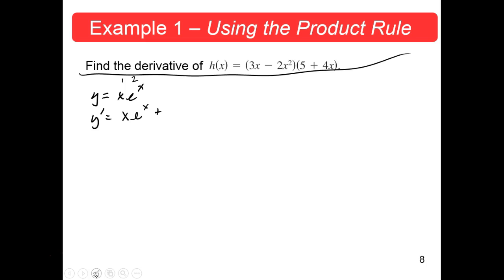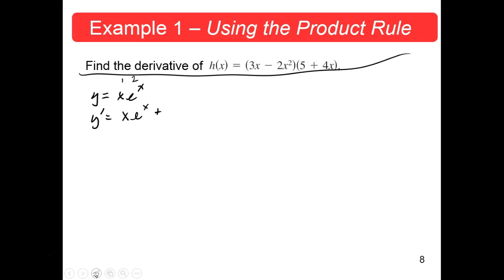Okay. So we did the first times derivative of the second plus the second, which is e to the x, times derivative of the first. What's the derivative of x? 1. So there it is. Now you can leave it like that. That's perfectly good. Or you can factor out an e to the x, and that gives you x plus 1.